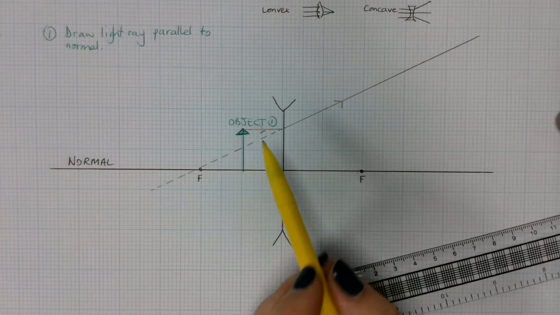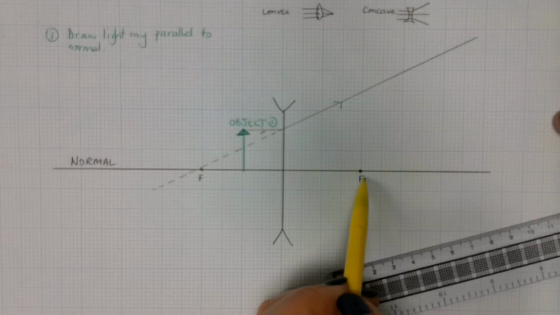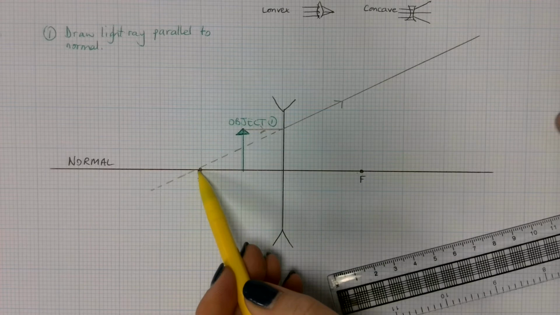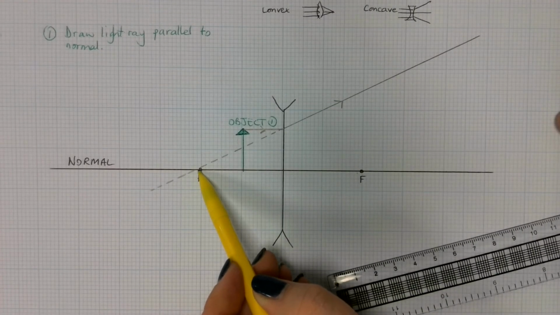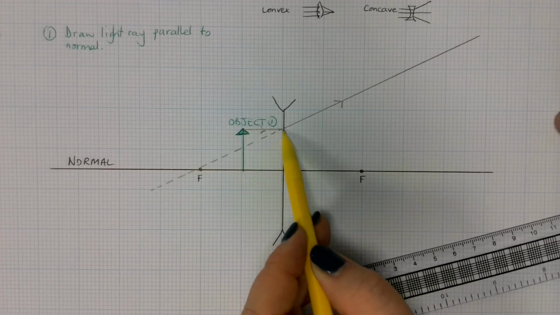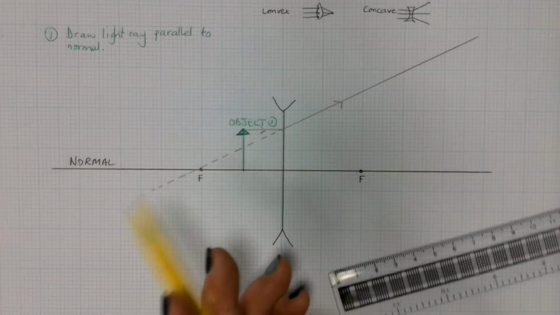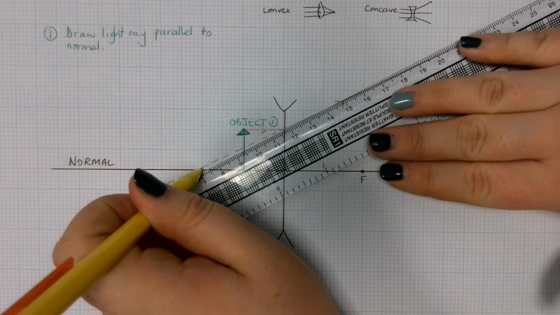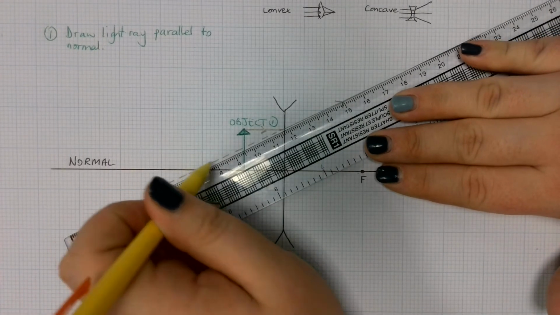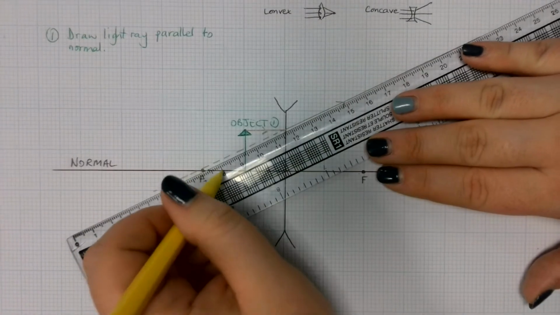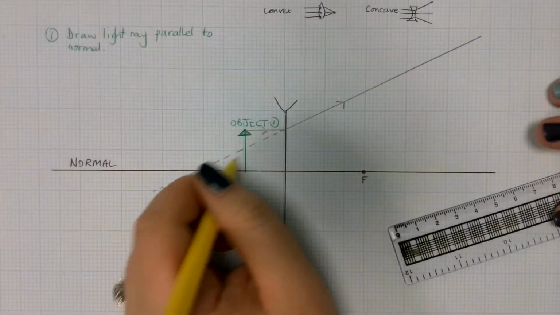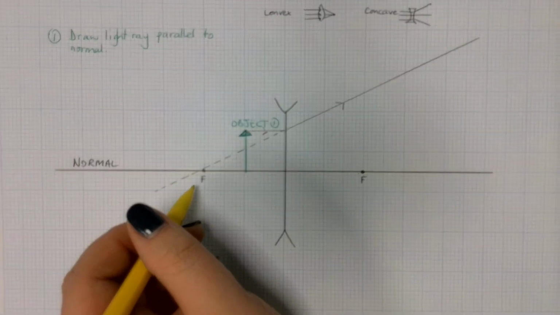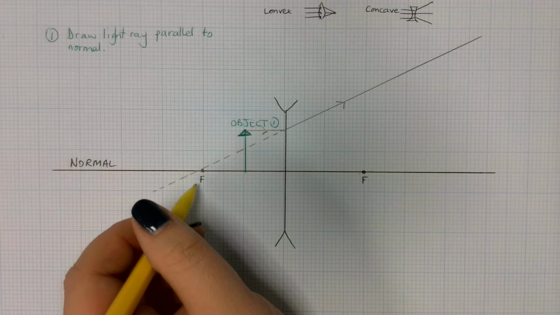Okay, so instead of bending towards that focal point, we're bending it from that focal point. Okay, so the point at which our parallel line hits the lens, we're going to draw from the focal point on the same side as the object through that point. And I've just kept that part of the line dotted because it's not actually a real line. Do you remember our virtual and our real lines last time?